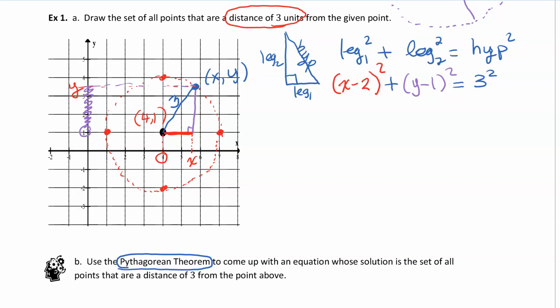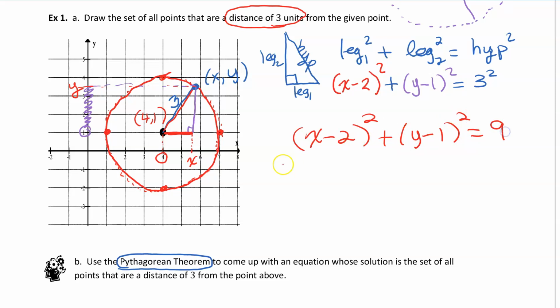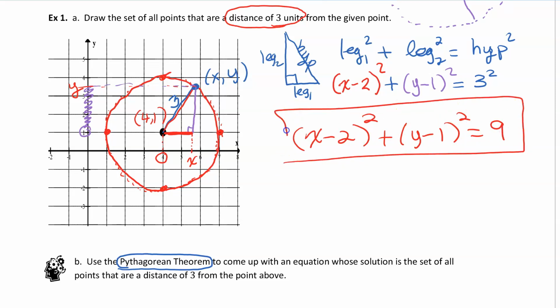So really, the equation of this red circle here, with the circle center at (4, 1), with radius 3, the equation that will model that is (x minus 4) squared plus (y minus 1) squared equals 9, which is 3 squared.